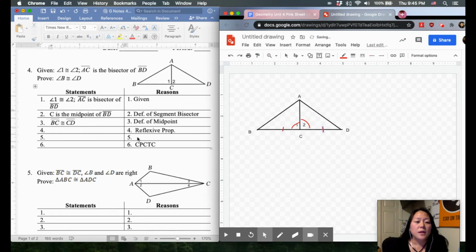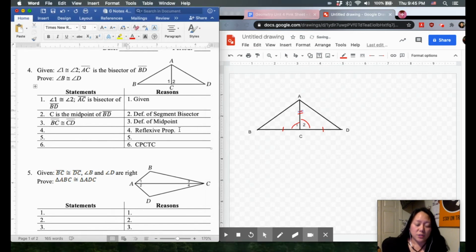And then here's a hint. The next reason is reflexive property. So reflexive property, remember, is when something is equal to itself or congruent to itself. In this case, if we see the two triangles share a side, we're probably going to want to talk about that side. So segment AC is congruent to itself by the reflexive property, and here it should say of congruence.